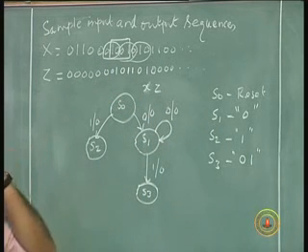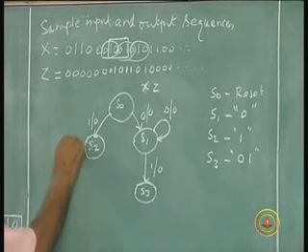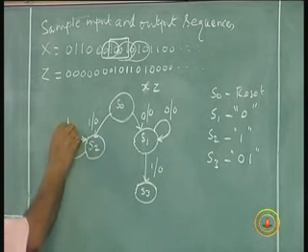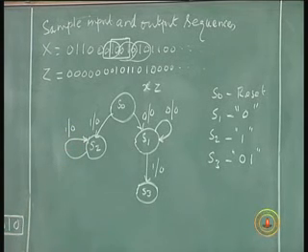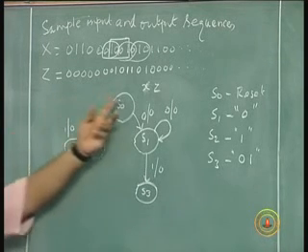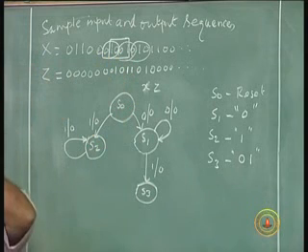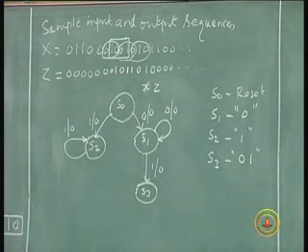Likewise in S2, if 1 comes, it could be the beginning of a new pattern, so no extra output. It continues to be the same state. If a 0 occurs, on the other hand, it will be 1, 0, could be the first 2 bits of a 1, 0, 0, 1 pattern. Because we want to detect both of these, 1, 0, 0, 1 and 0, 1, 0.